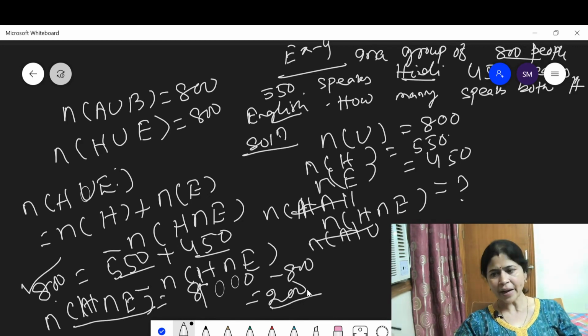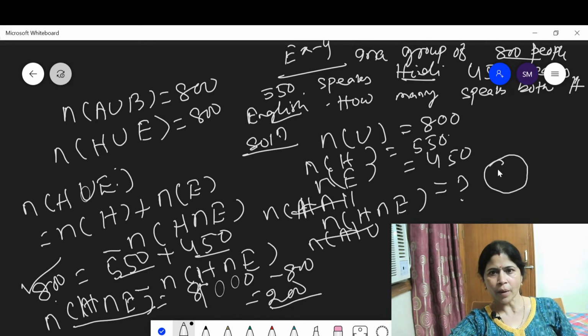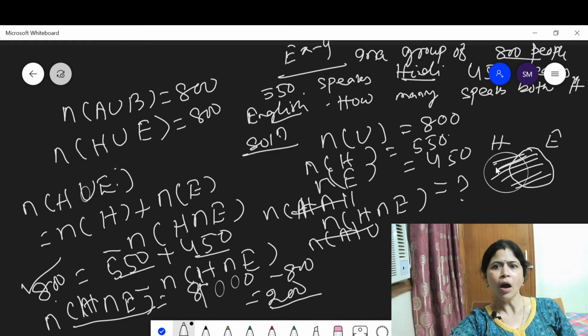Let us draw the Venn diagram and get the conclusions. Here the question says that this is the number of persons who speak Hindi, and this is the number of persons who speak English. The total group of people is 800. The number of people who speak Hindi is given here, 550.